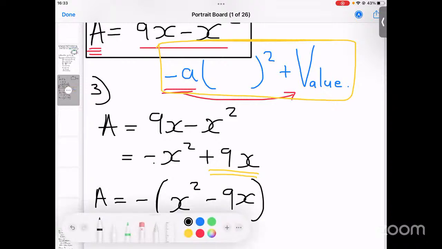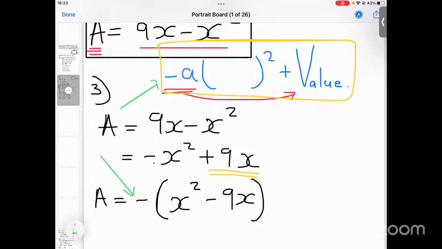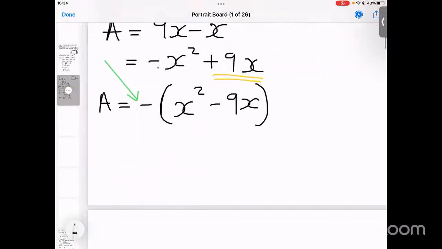We are just being strategic, honorable member, because we know that we need our a value at the end of the day to be a negative a value. That's why we are thinking ahead and already taking out that negative, because the negative a value is associated with a maximum value.